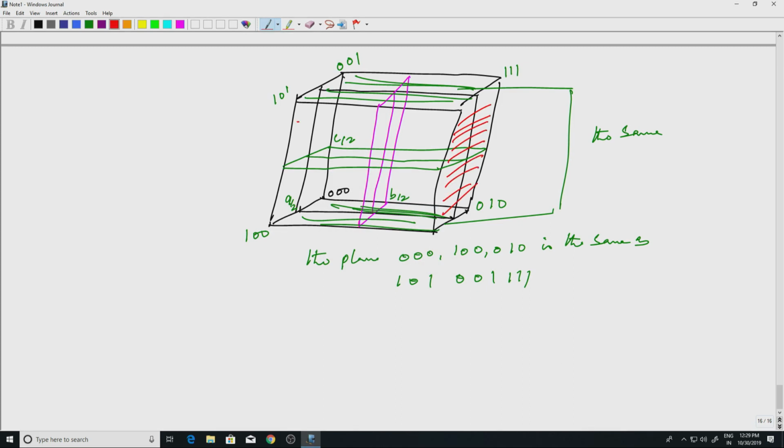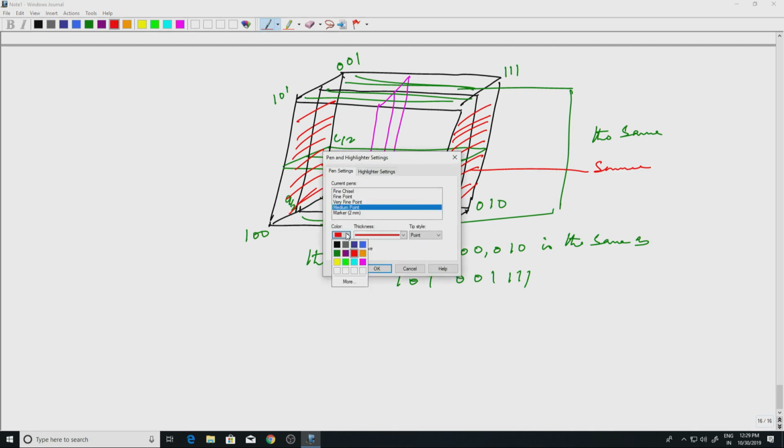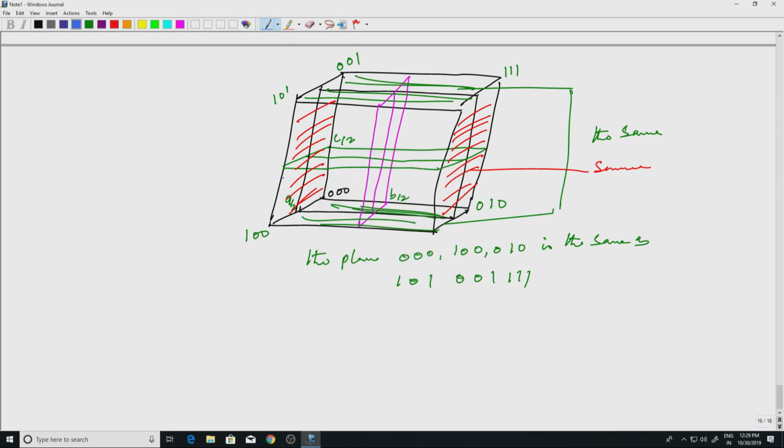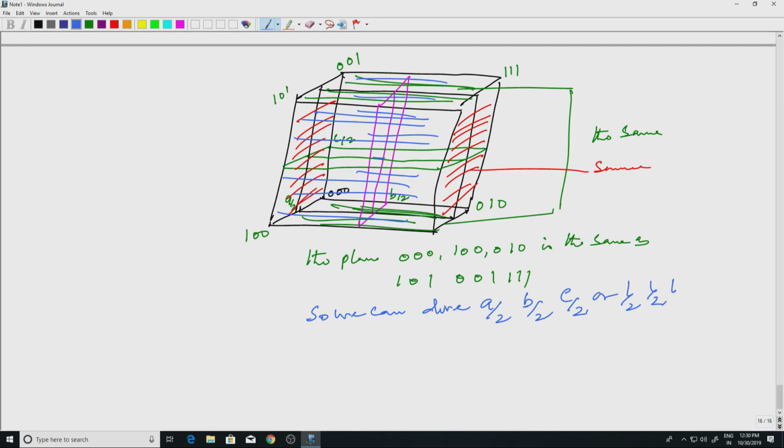This plane and this plane same. Whereas this front face and the back face is same. So we can divide a by 2, b by 2, c by 2, or 1 by 2, 1 by 2, 1 by 2.